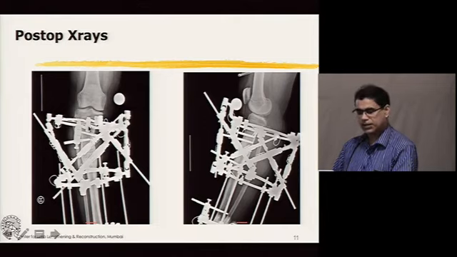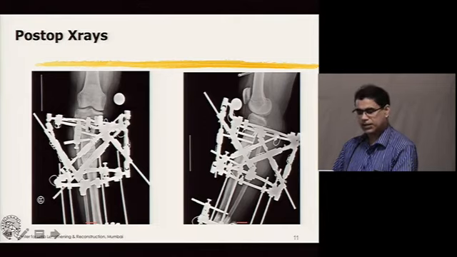So we had to redo a planning program, but it is all done in the OPD, no surgery is required. So just a change of a program and finally a corrected position. But slight valgus overcorrection had occurred.